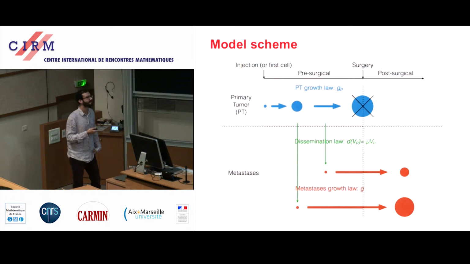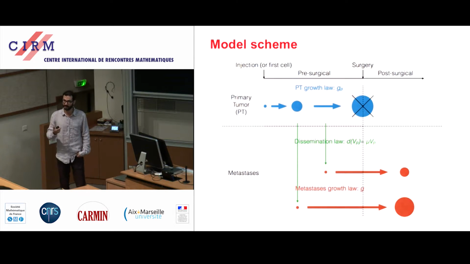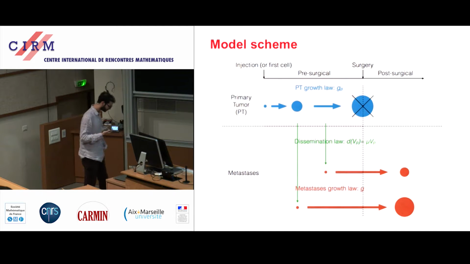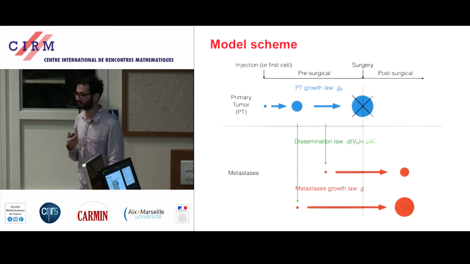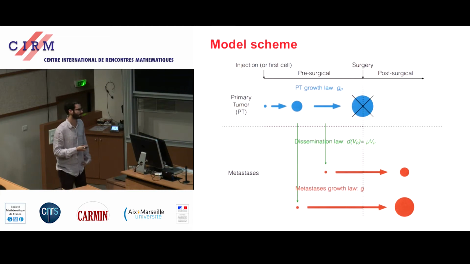So this is the dissemination rate, meaning the probability per day to give a new metastasis, and it will be assumed to be proportional to the volume, meaning that each cell has the same probability within the tumor. And this fundamental parameter here, mu, will be quantifying this metastatic potential.